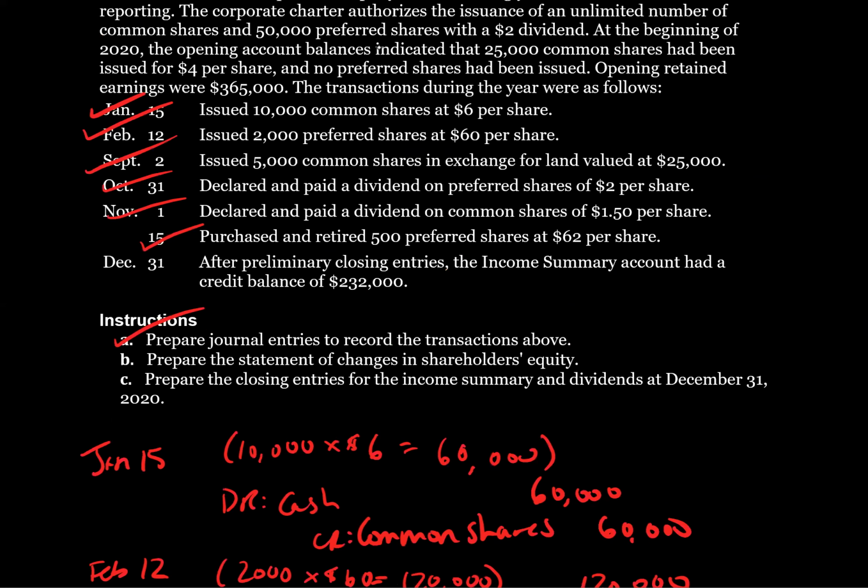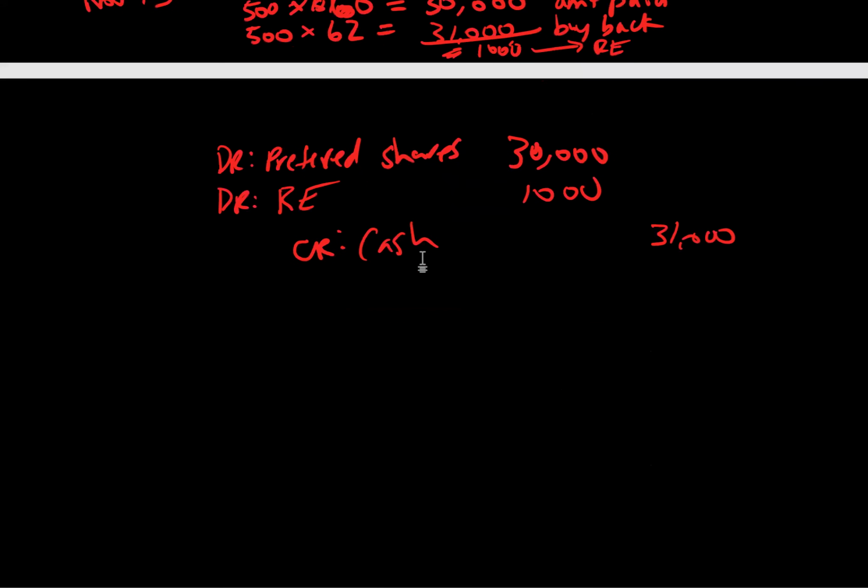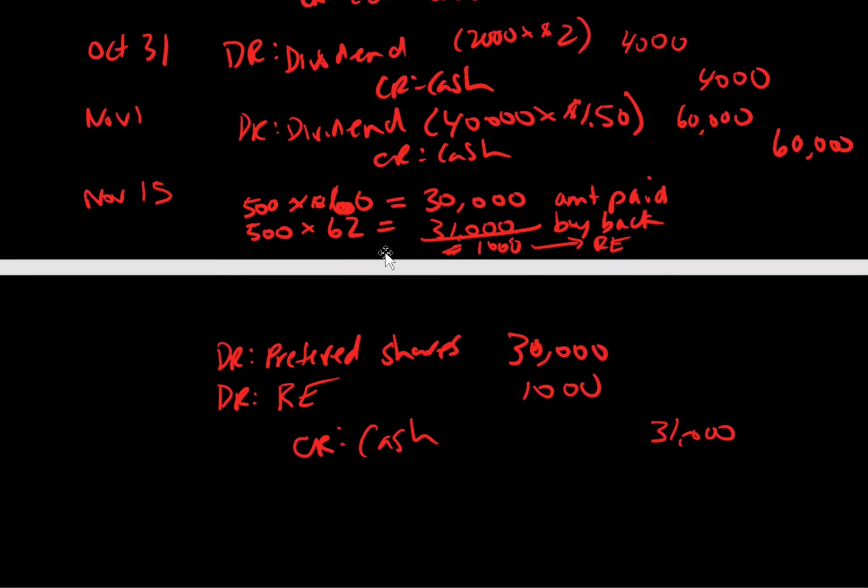Next, it asks us to prepare the statement of changes in shareholders' equity. Because we are preparing an official statement, we want to make sure that we label it correctly. Sometimes there are points for this on exams.